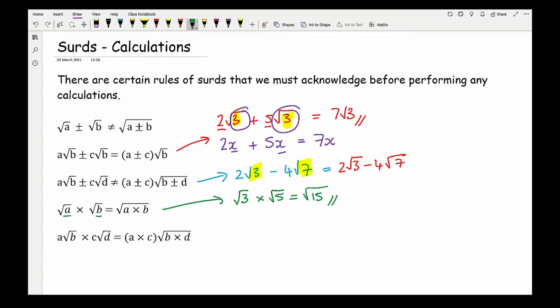And likewise, if you had numbers and surds, for example 2 root 3 multiplied by 7 root 2, then I can multiply the numbers outside the surds together, which gives 2 times 7, which is 14, and I can also multiply the numbers inside the square roots together, so that would be root 6. So the final answer for this one would be 14 root 6.